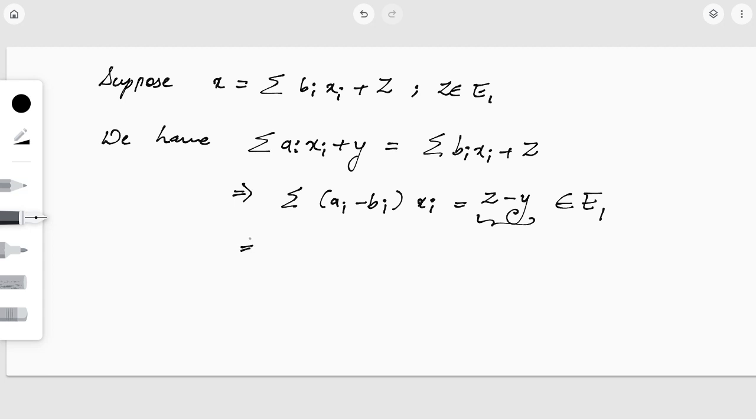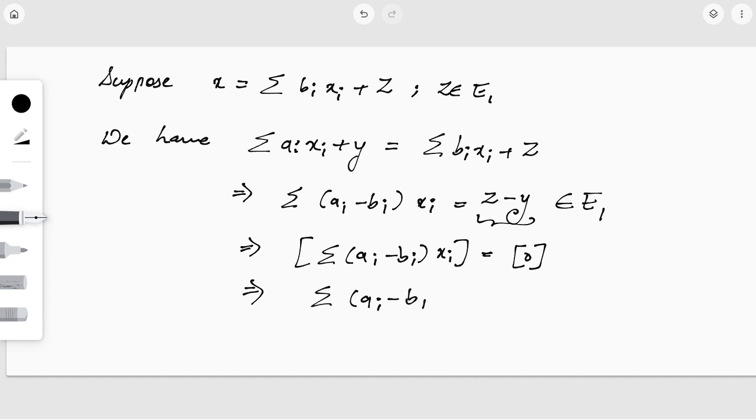Therefore, we can conclude that coset summation (ai minus bi) xi will be equal to coset 0. This is by the definition of the coset. Now this implies summation (ai minus bi) coset xi is equal to coset 0.